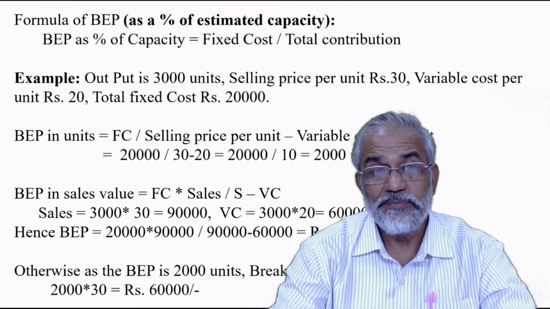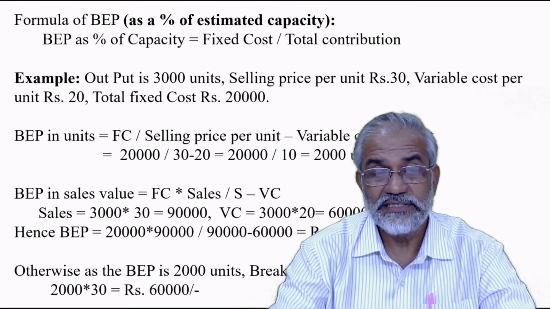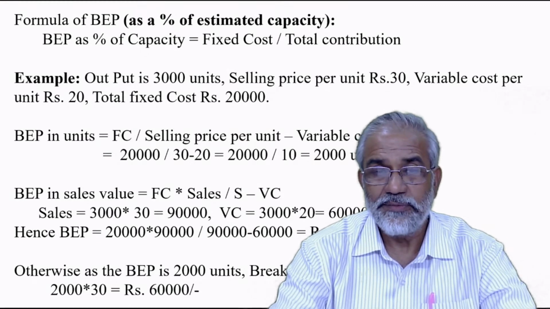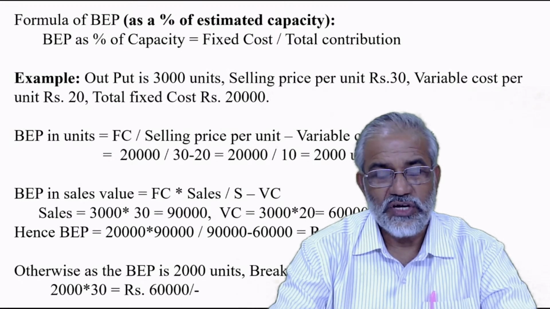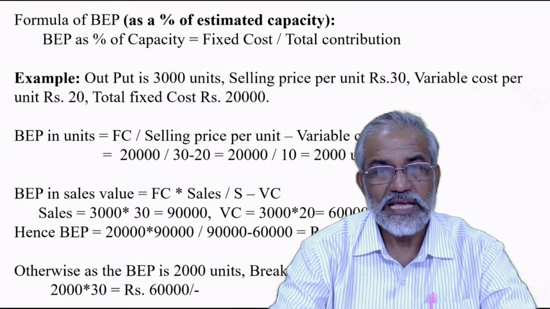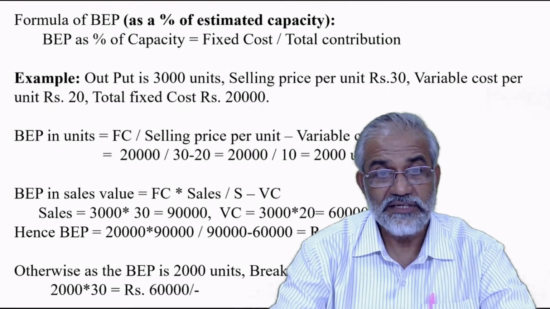In this juncture, the BP in units, that means by selling how many units we would be at BP, no profit, no loss. Here, the fixed cost is divided by the selling price per unit minus variable cost per unit. The difference is what? The contribution.